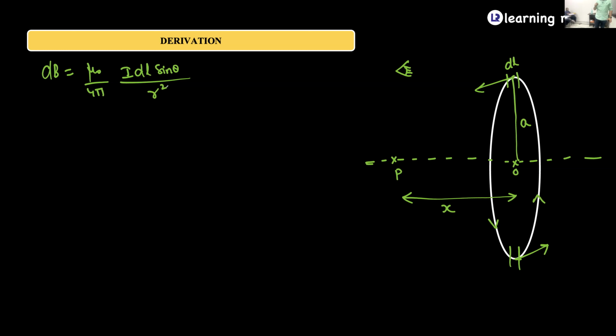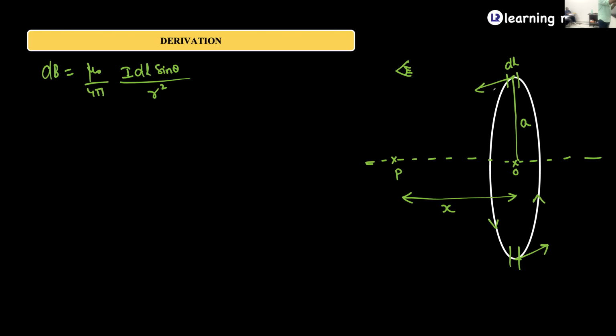So this is the trickiest part here. Theta is the angle between the direction of current and the line joining the current carrying element to the point where we are calculating the field. So in this case, where are we calculating? On the axis. Now observe, if the current is like this and the point is like this, the line is like this.